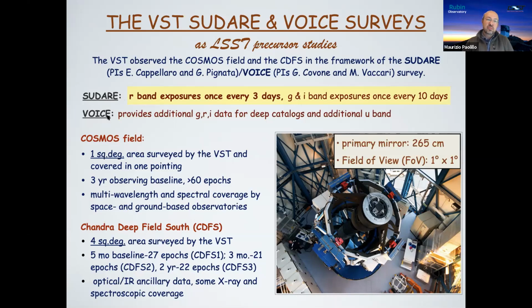This was joined by the VOICE survey, which was getting additional data, especially in the U-band on some of these fields. So it was arranged to have a synergy and work together for common goals.